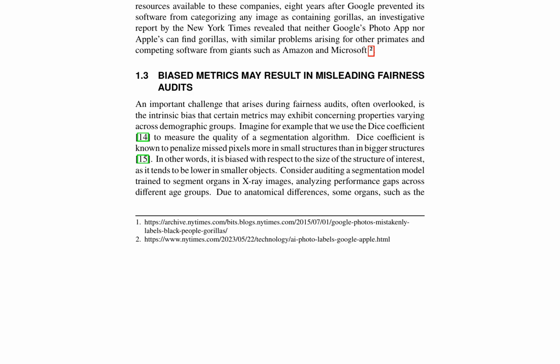Another challenge is the use of biased metrics in fairness audits, such as the DICE coefficient, which can exhibit concerning properties varying across demographic groups. This is particularly relevant in medical imaging where anatomical differences can affect performance gaps across different age groups. It is essential to involve the global community in data acquisition, model development, and deployment to address these challenges.